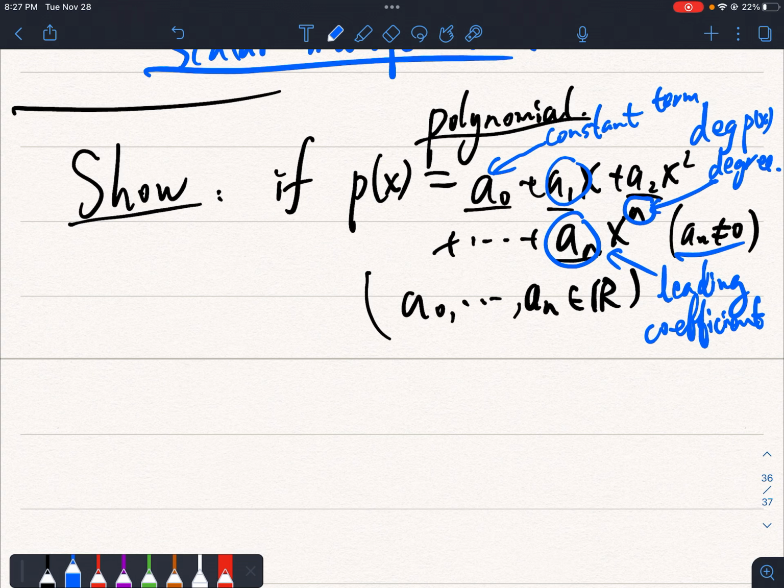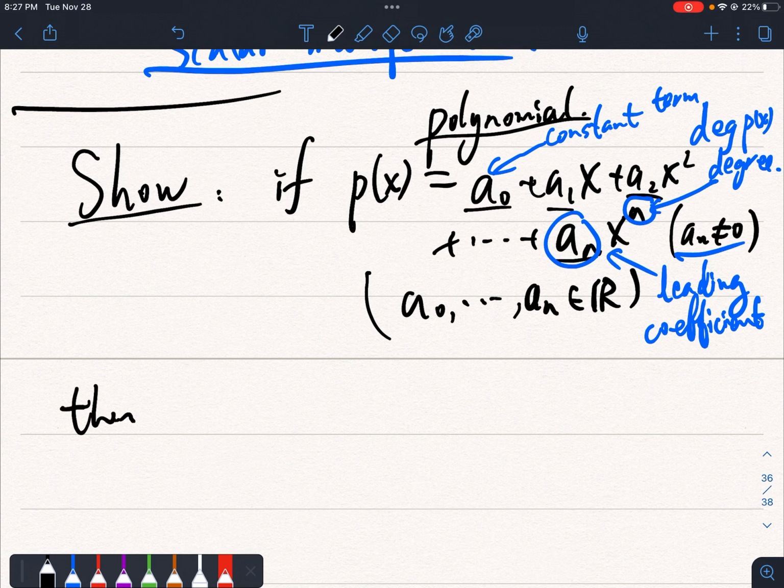Similarly, you can call a1 the first order term, things like that. But most importantly, it is about the constant term and the highest term, or the leading coefficient. But it doesn't matter here. This is just about the definitions of concepts about polynomials.